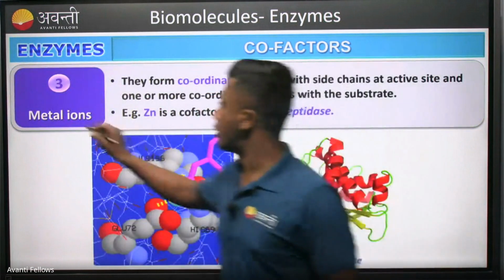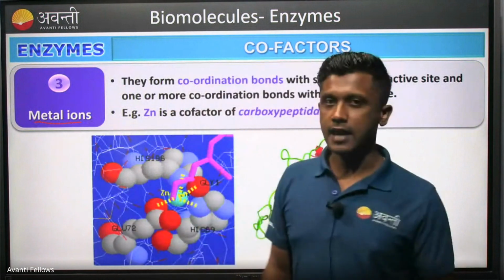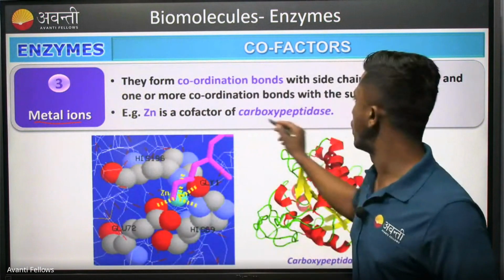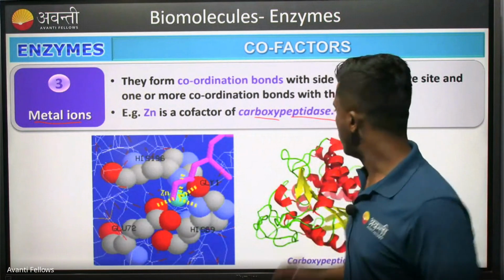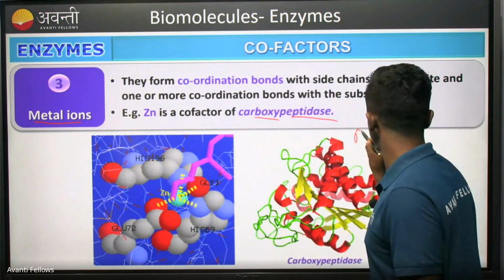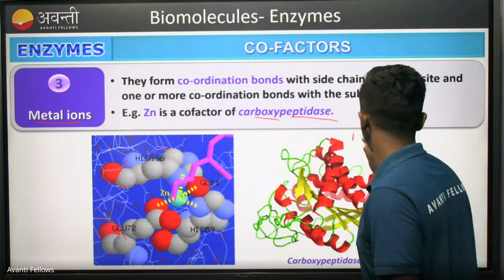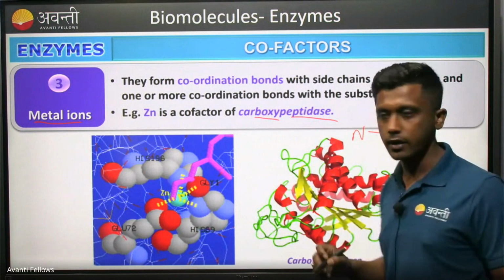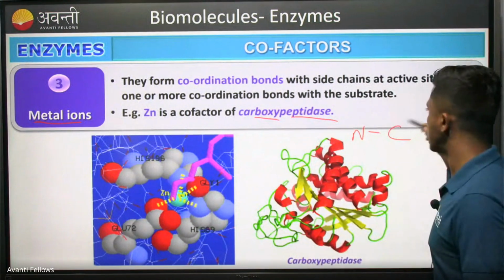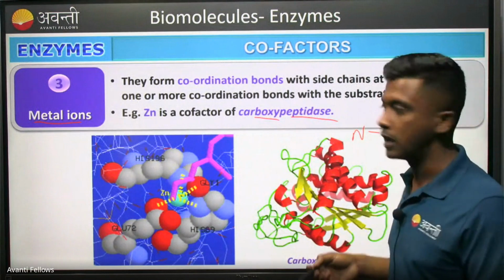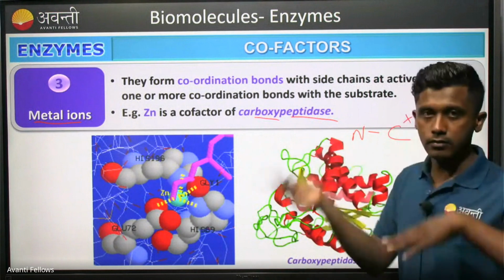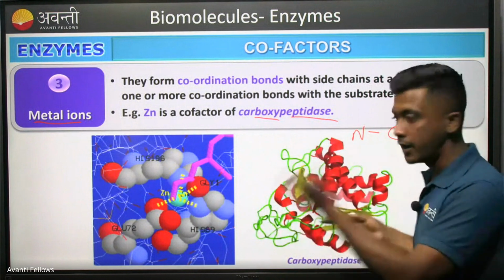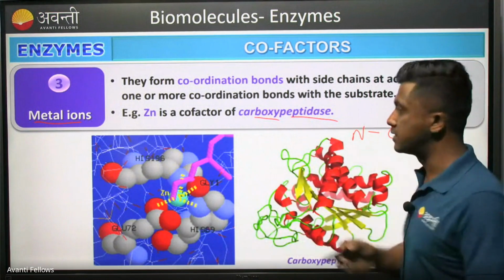Next one is metal ions. Let us take an example of one more enzyme, carboxypeptidase. The role of carboxypeptidase is very simple. Amino acids have an N terminal and a C terminal, right? The C terminal is also called the carboxy terminal. Here a peptide bond is formed with another nitrogen group, or amino group, and the enzyme breaks this bond.